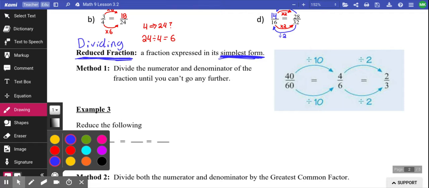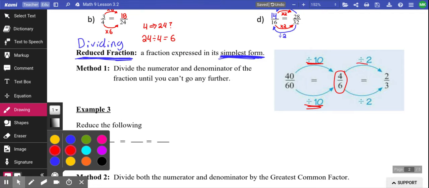So if you look, you got 3 fractions right there. You'll notice that they took 40/60, and the first thing they did was divide by 10, which is wonderful. That got you 4/6, which is an equivalent fraction, but it would not be the reduced fraction, and it would not be the simplest form fraction because it's not the smallest number you could get. You could reduce 4 and 6 even more, right?